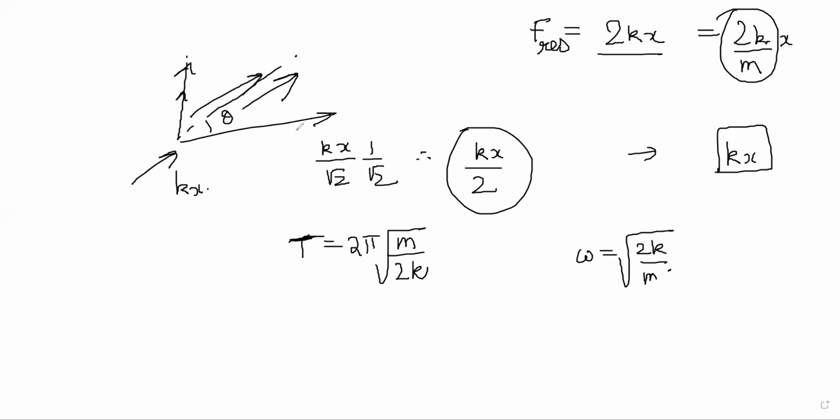So the method of solving was a little long because the question is not very straightforward, in the sense that you have to think of what are the restoring forces along this line and this line. So what we did was just found out the length and found out cos theta and all.